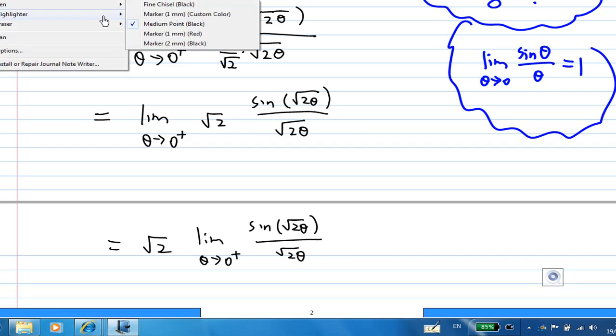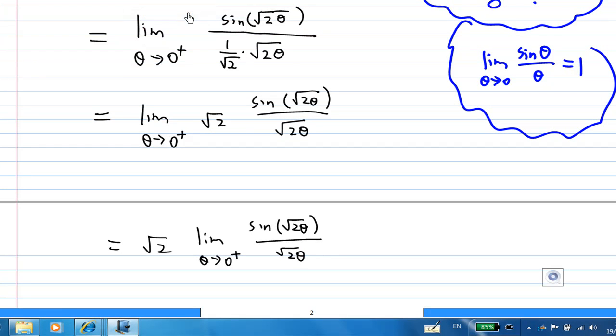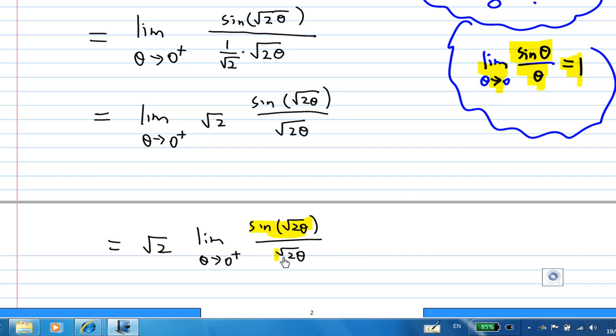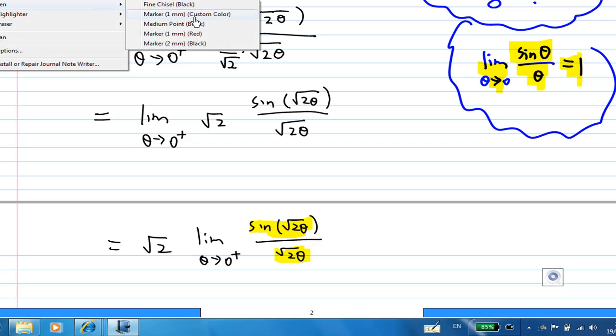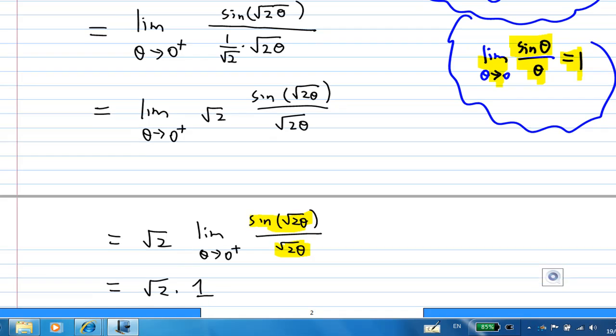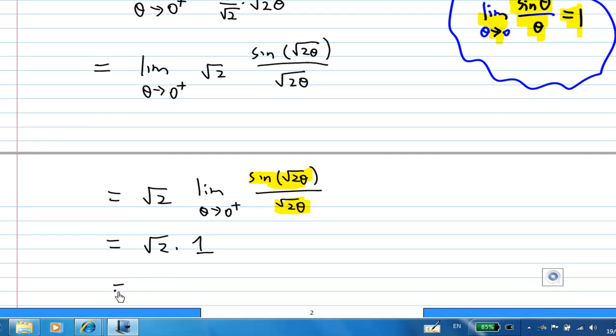Using the result from Howard Anton that the limit of sine theta over theta when theta goes to 0 is 1, I have sine of square root 2 theta over square root 2 theta. Notice the angles are the same. When theta goes to 0 plus, this is going to be 1. So you have square root 2 times 1, and the answer will be square root 2.